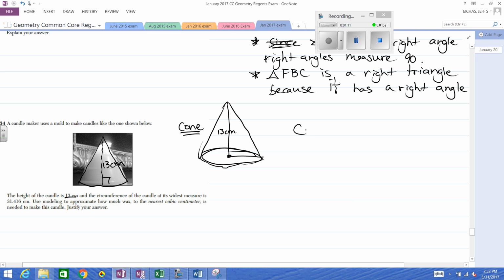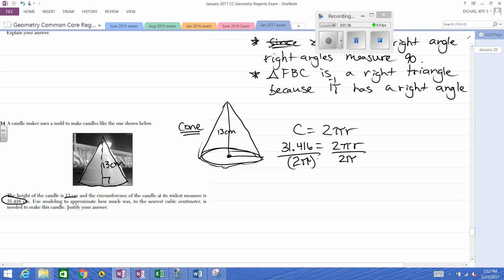All right, so two circumference formulas: 2 pi r or pi d. I want to get to the radius, so I might as well use 2 pi r. Now the circumference can be replaced by 31.416, and then we're just going to divide by 2 pi. Be careful of this. A lot of things can go wrong here.